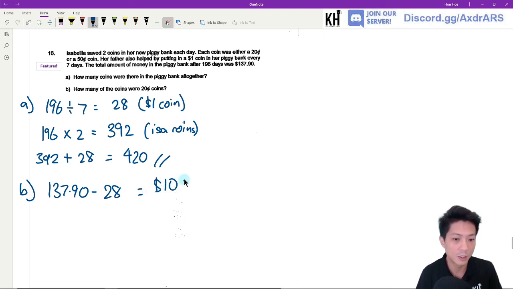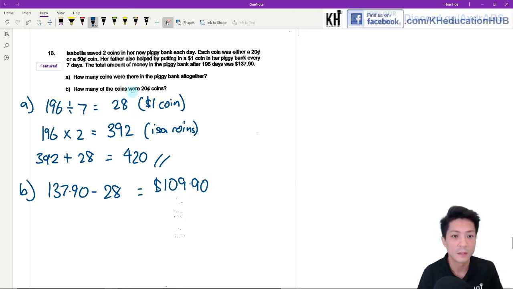It will be $109.90. Now I know that 392 coins is the total number of coins that Isabella put into the piggy bank.